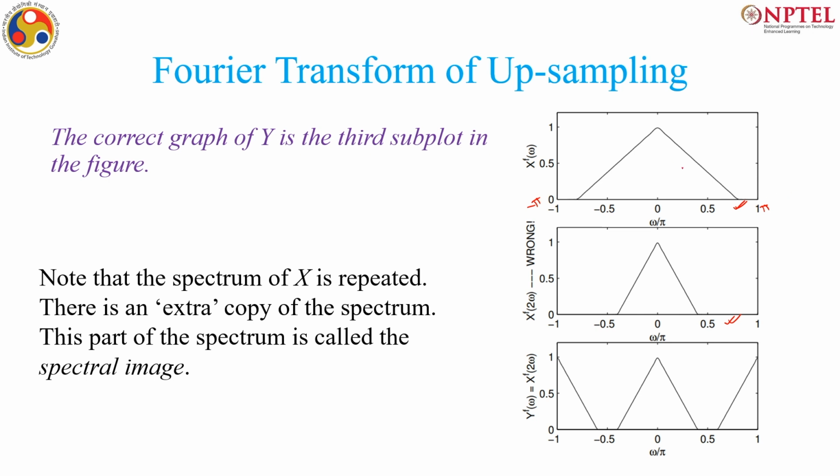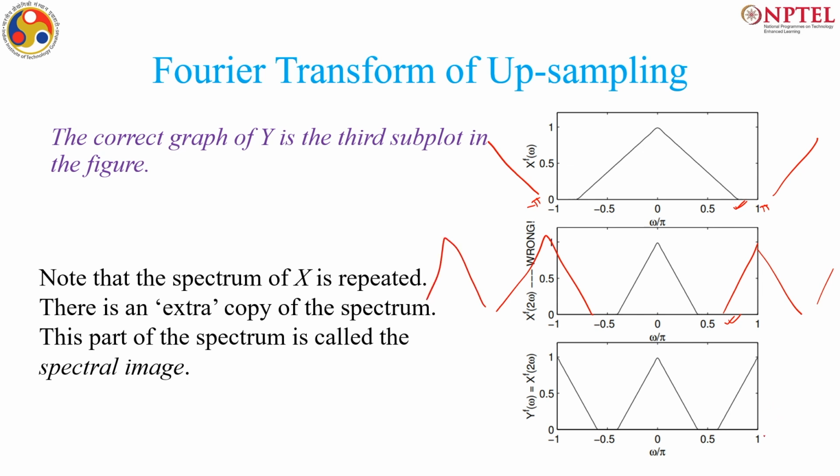So, you can see that this spectra is repeating after every 2 pi. So only this fundamental period within minus pi to pi is not just squeezed. Everything, every infinite band, is squeezed. So, technically you will get something like this, like this, like this, right.